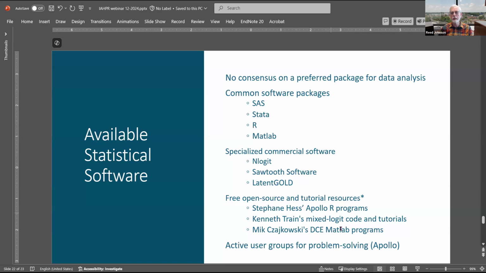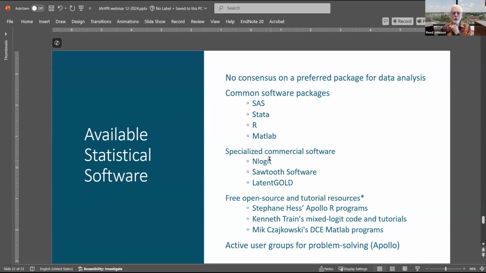And the MATLAB code is open code. I'm not a real hardcore R user, but I do work with MATLAB. So I have provided a link to Czajkowski's MATLAB program and an example setup to run all of these models in MATLAB as well as in R.